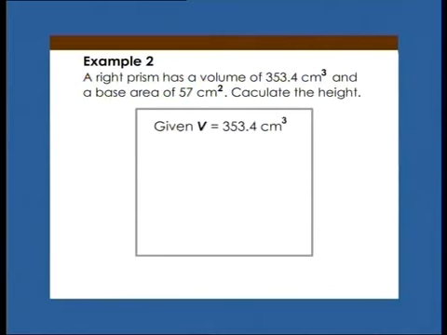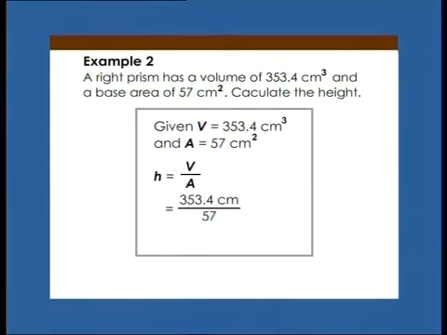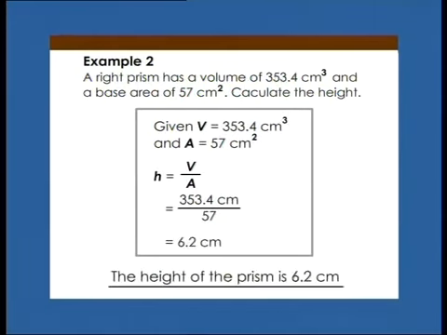Given V equals 353.4 cubic centimeters and A equals 57 square centimeters, h equals V over A equals 353.4 over 57 equals 6.2 centimeters. The height of the prism is 6.2 centimeters.